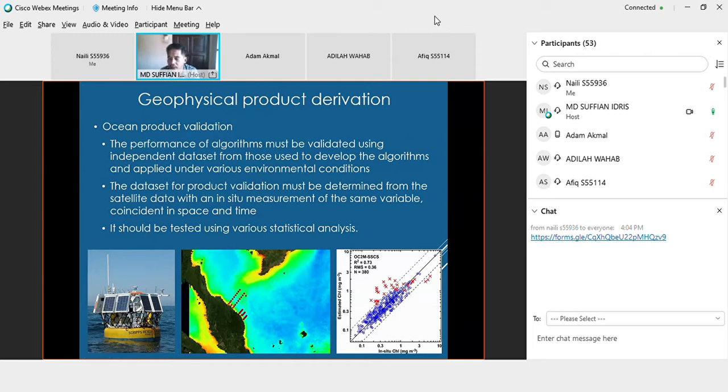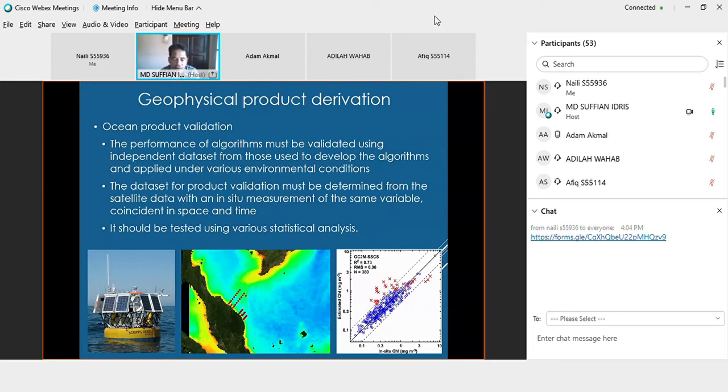That means you have to validate your algorithm. The performance of the algorithm must be validated using an independent data set. That means data yang you guna untuk develop algorithm, you tak pakai untuk validate. You have to get a new independent data set.